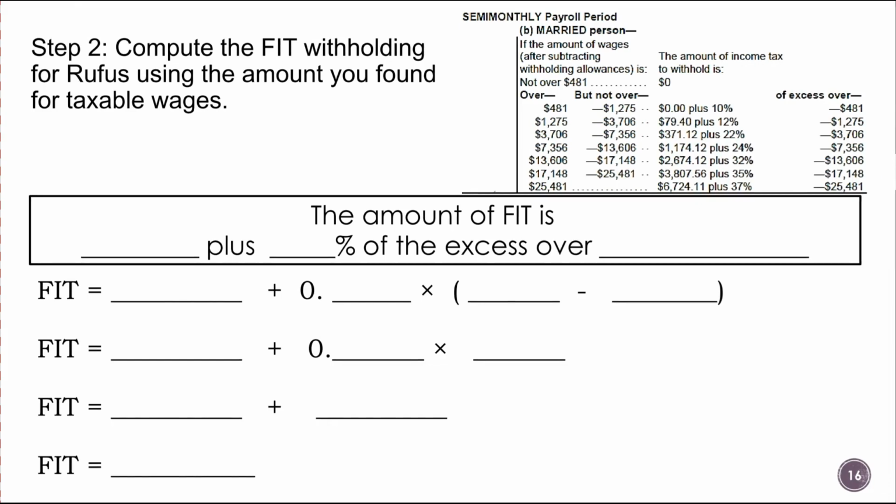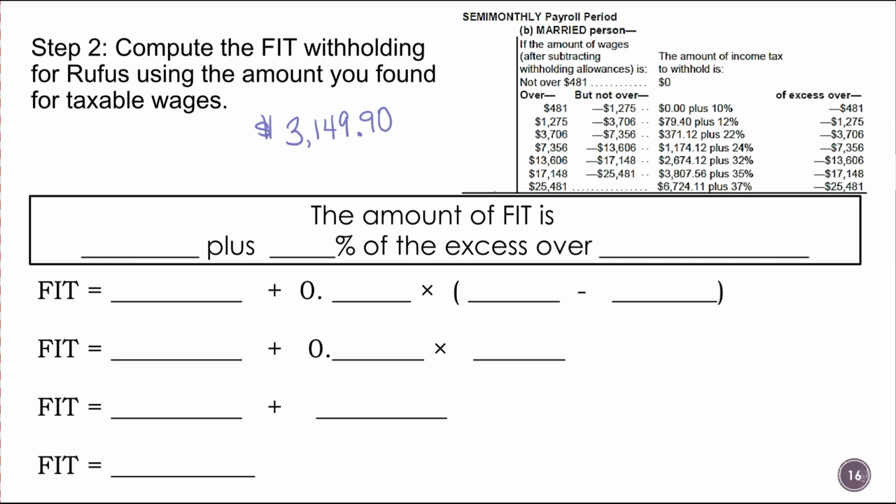We're going to go to the next slide because I made it a little bit bigger. Hopefully we can find it easier. So this is a semi-monthly for married. Remember that the amount is $3,149.90. And we have to see where is that number on this chart.